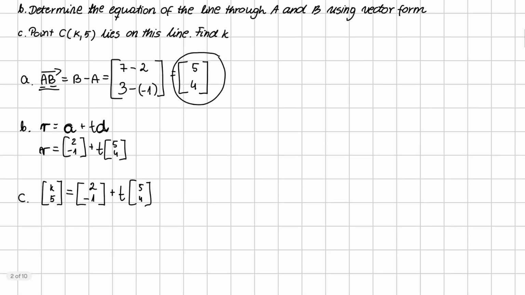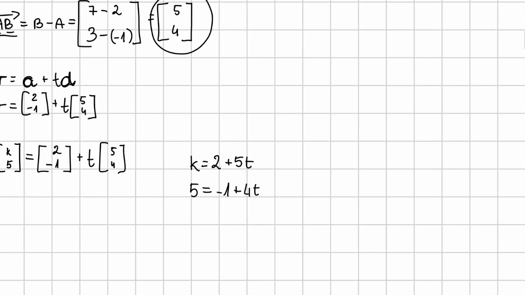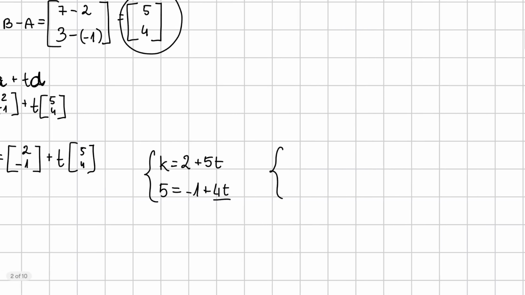Now we have to make some equations. The first one is k equals 2 plus 5t, and the second one is 5 equals -1 plus 4t. In the first equation we have 2 unknowns, and in the second one we have just t. We can simply calculate it with a solver.